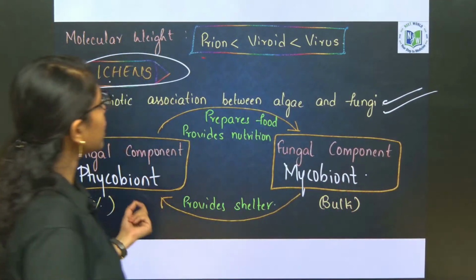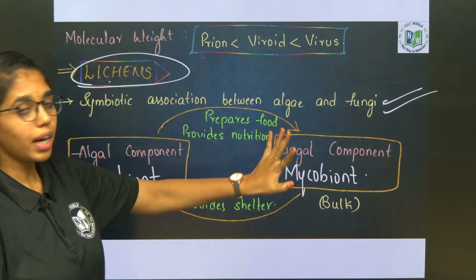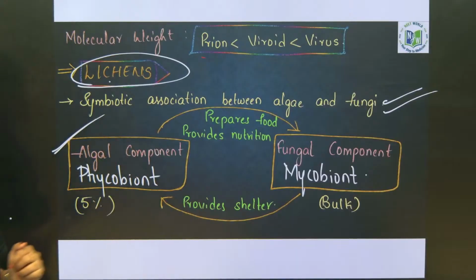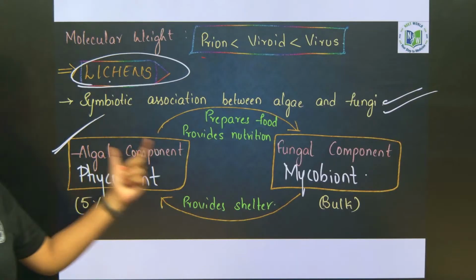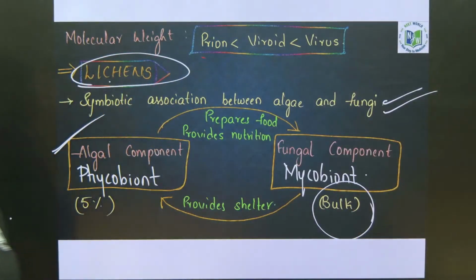So, this algal component will prepare food and provide nutrition to the fungal component. Fungal component will provide shelter to the algal component. Amongst algae and fungi, which is bulk? Fungal component is bulk. Okay. So, this is about lichens.